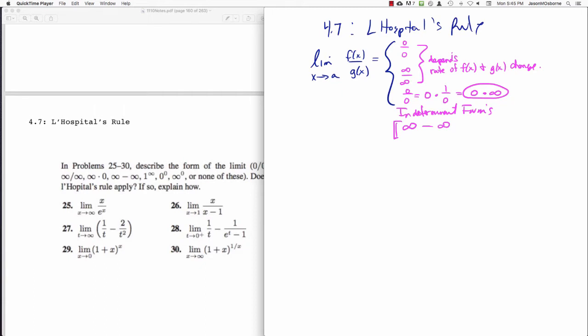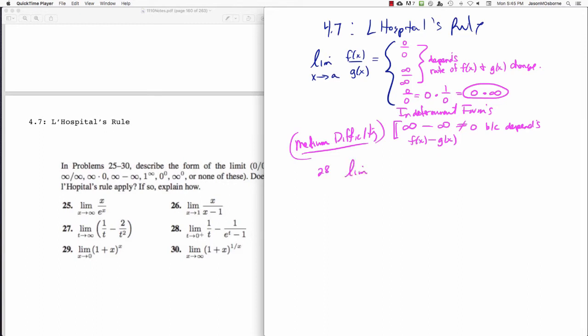It's not equal to 0 all the time, because the answer depends on how the functions f and g change. Here's an example on the medium difficulty scale, like problem number 27 that's shown there. Or let's look at 28 since it's even.